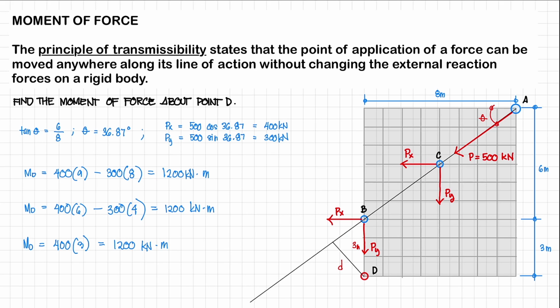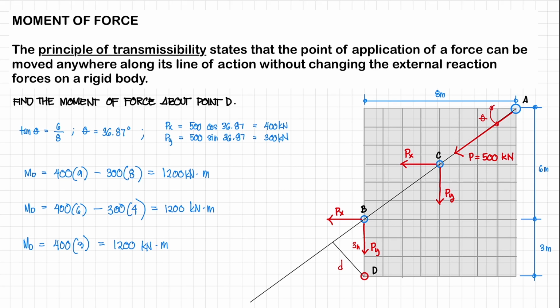As a final note for this topic, let's say you're interested in solving for distance D. And we already know the moment at D caused by force P, with force P being 500 kilonewtons.